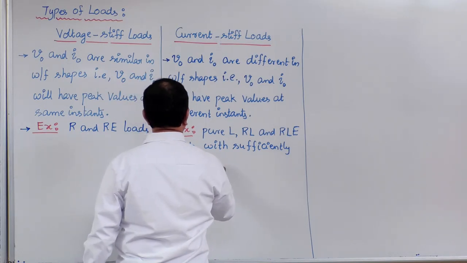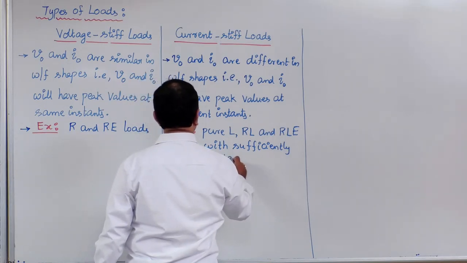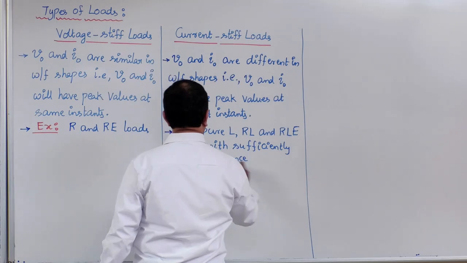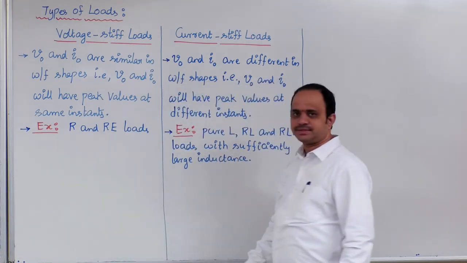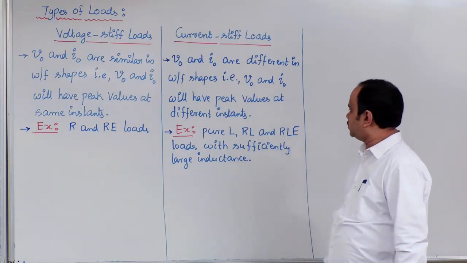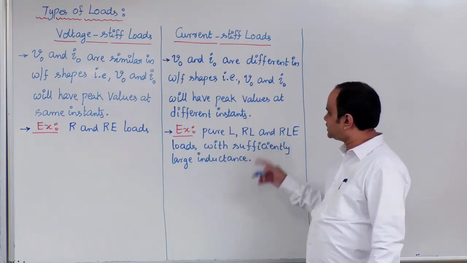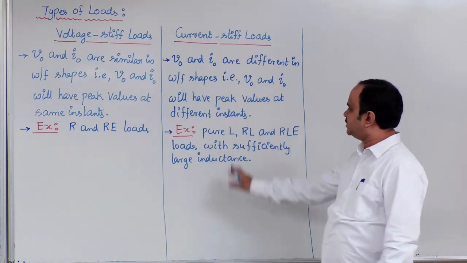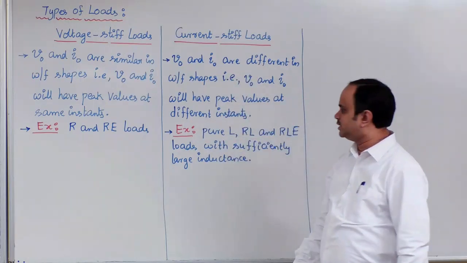We will come across all of this terminology in the later analysis stage. Okay. Pure inductive load, RL load and RLE loads with sufficiently large inductance will be classified under these current stiff load categories.